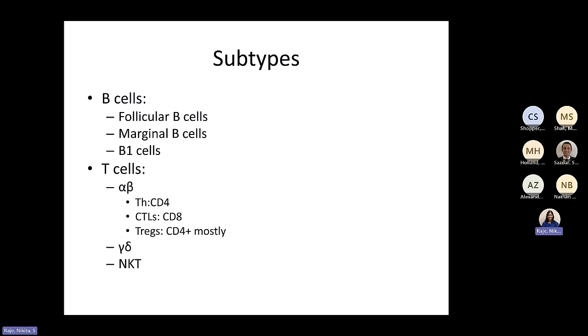So the alpha beta T cells are either CD4 positive or CD8 positive. Apart from the helper T cells, there are other types of T cells called Tregs or regulatory T cells. We know that most of these are CD4 positive, but there are other types of Tregs other than CD4 positive.